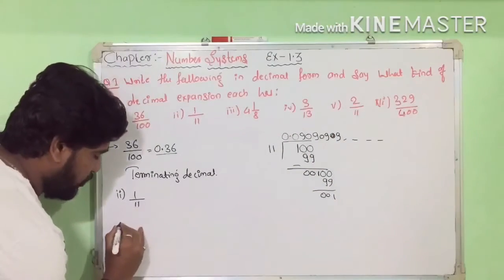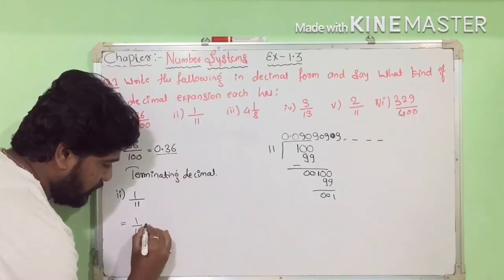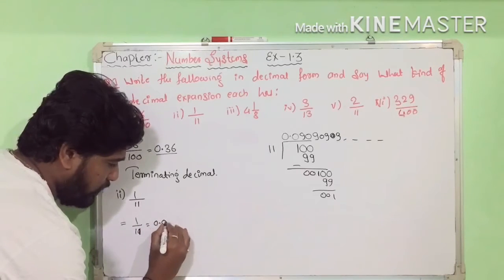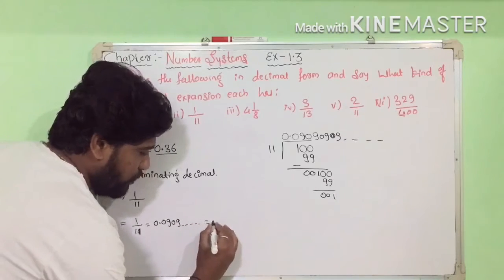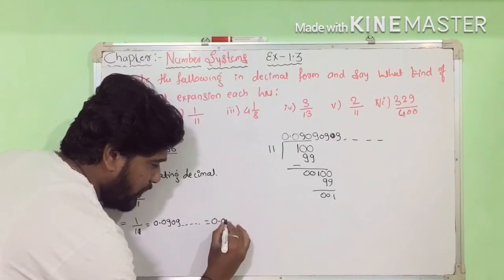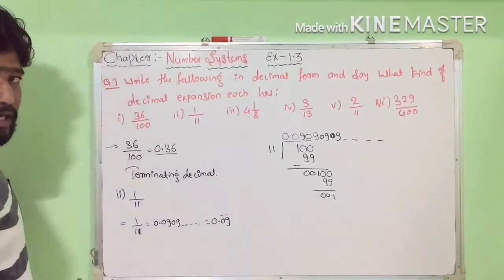Is it clear? So write down: 1 by 11 is equal to 0.0909 and so on. This one we can write as 0.09 with a bar, since these two numbers are repeating here, right?